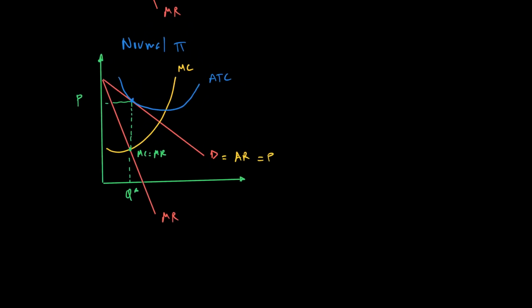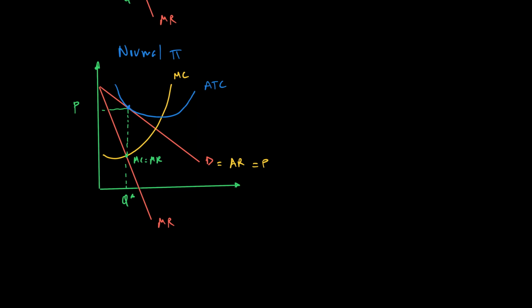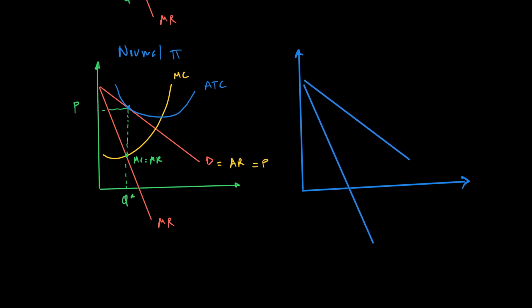And for economic loss, I'm going to make the same diagram, but we will show economic loss by doing this. This is my demand curve, this is my MR curve.